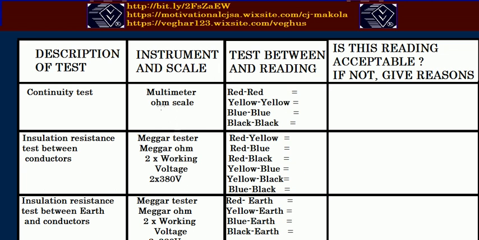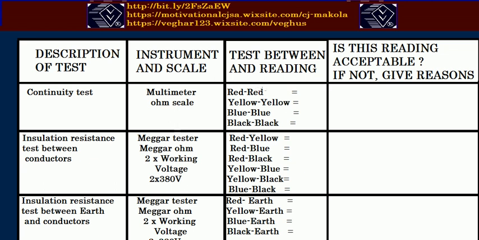You put it on the ohm scale, and here you use a megger or insulation resistance tester. You put it on megohm, at 2 times the working voltage. The working voltage is 380, and also on the insulation resistance test you put the megger on 2 times working voltage, on megohm.